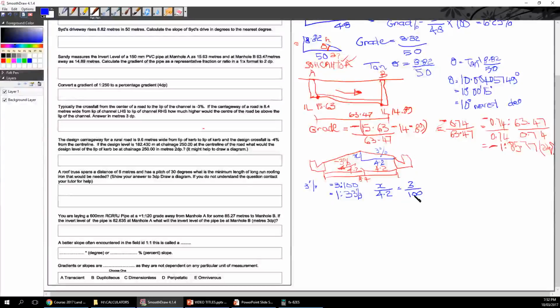So 100x equals 3 times 4.2, and x equals 3 times 4.2 divided by 100, which equals 12.6.